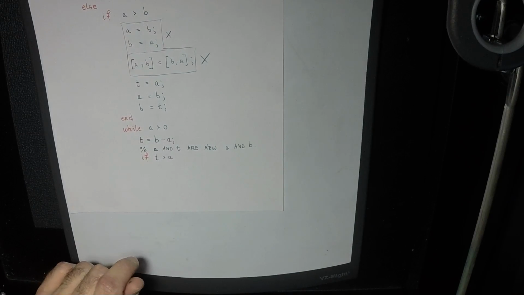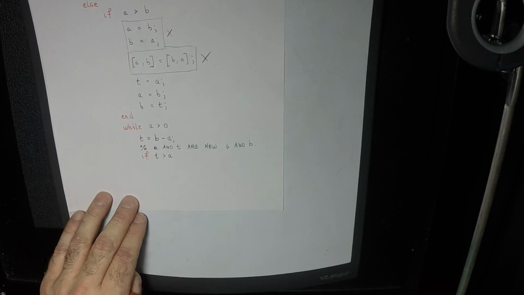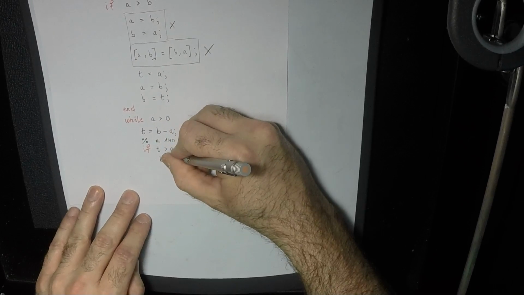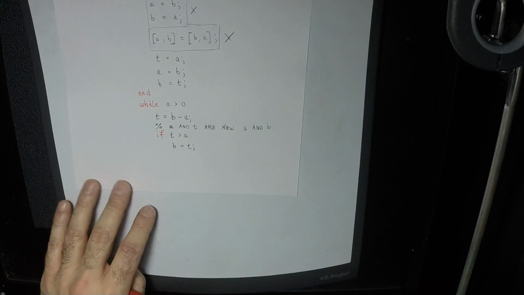Doesn't need to change. What's the new value of B? T. Right? The new big one is T. So we need to write B assigned to the value of T. You don't have to write an assignment for A, correct? Right. You don't need to.